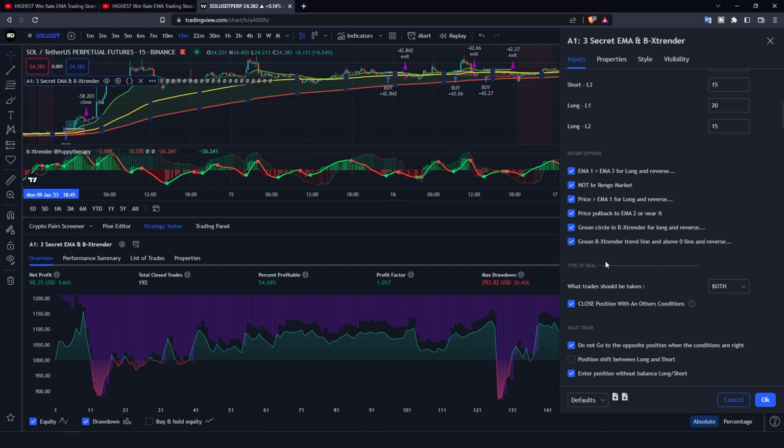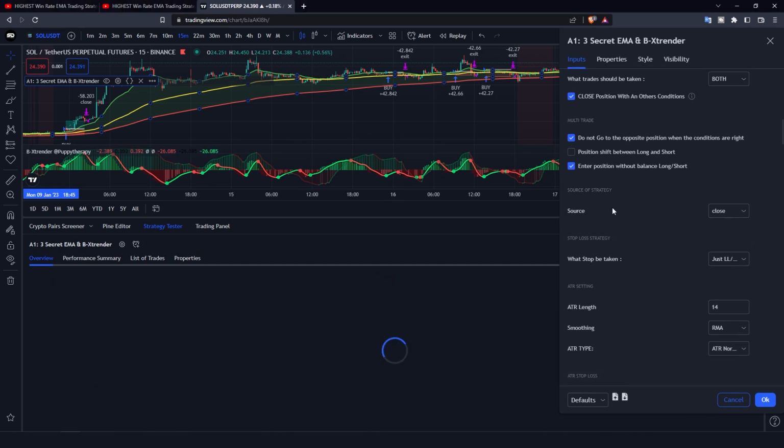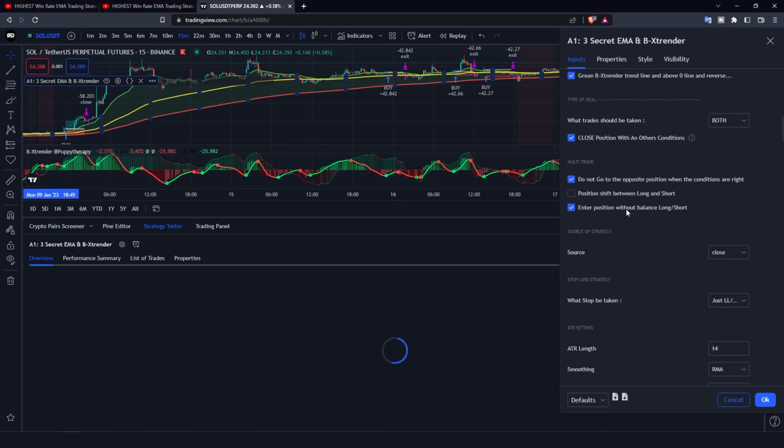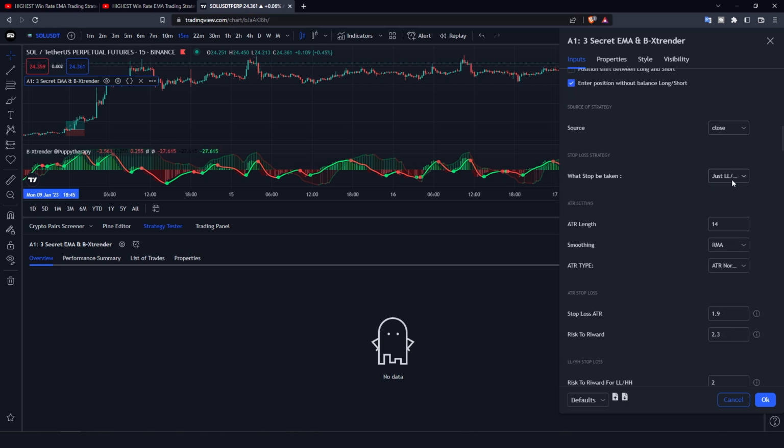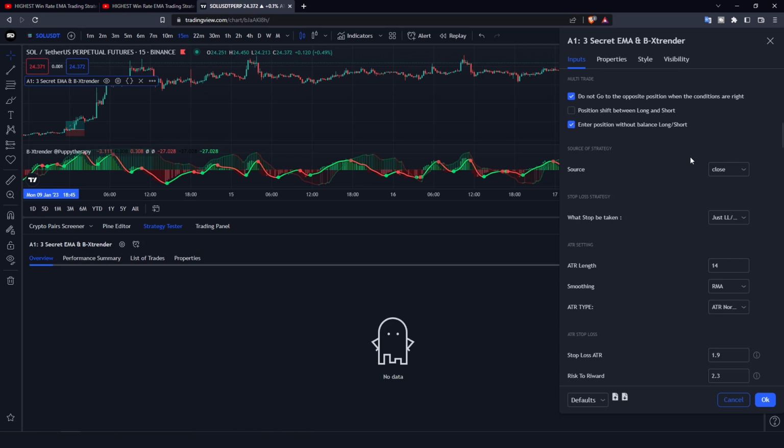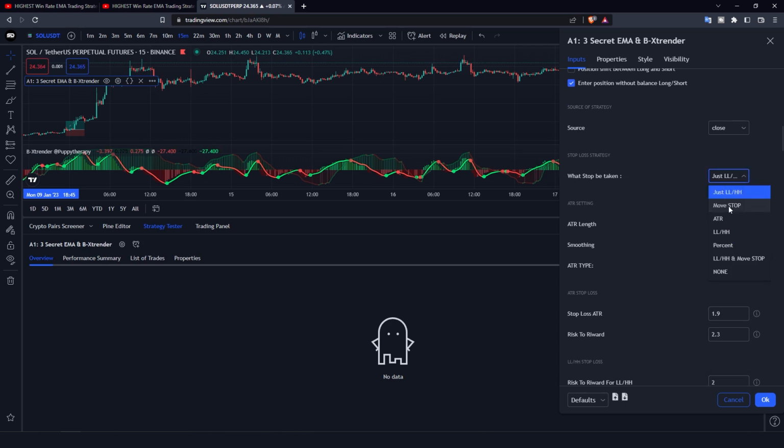Also the strategy gives you a lot of other options. It means that you can also set different methods of different stops. In future, I will talk about the options and possibilities of this strategy in a separated and detailed video. But here you can see that there are different stops that you can choose.